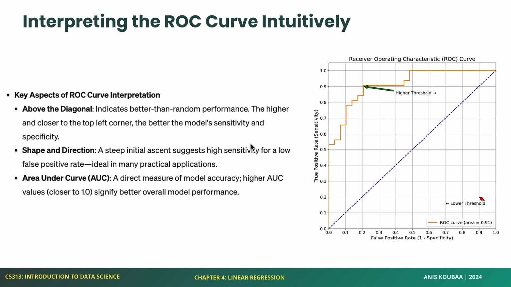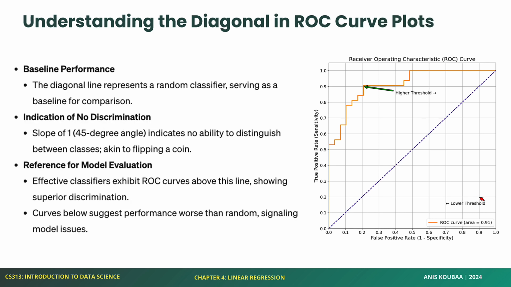So how to interpret this? This is the diagonal. It represents 50%, 50%. It's like a random guess. If you have a curve that is overlapping with this diagonal line, it means the model is not able to differentiate anything. It is a completely random model.